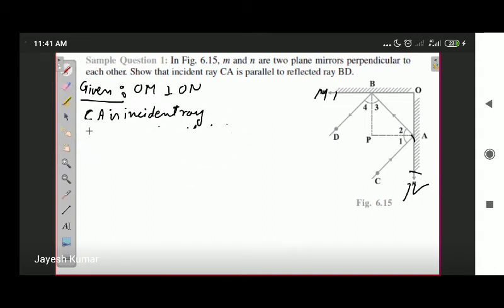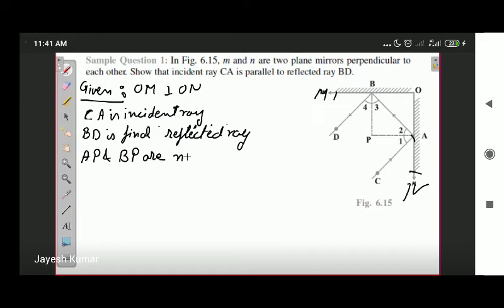The second given was BD is the final reflected ray, and BP is the normal at point P. AP and BP are normals at points A and B respectively. Okay. We don't have to do construction here because construction is already given in the figure.